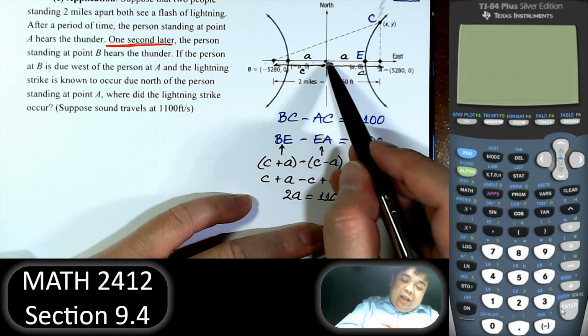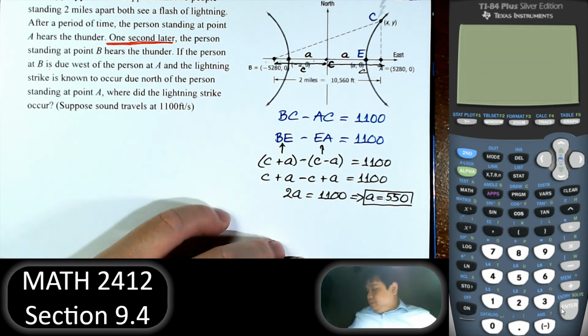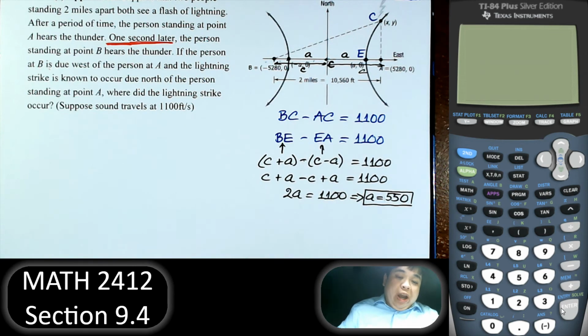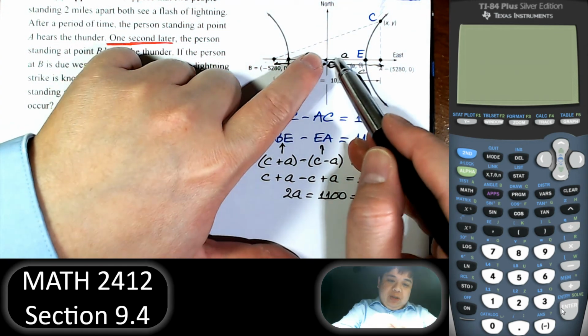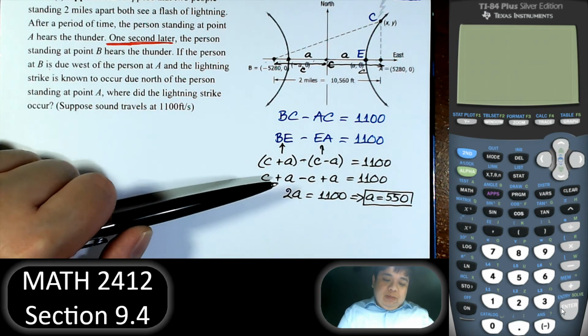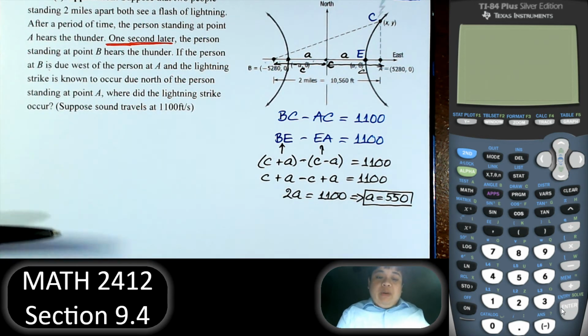So distance a is 550. Actually, the scale here is way off. Should be very close here. Right. So that's why we have a is 550.